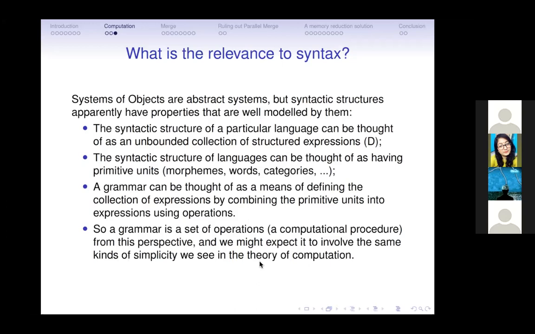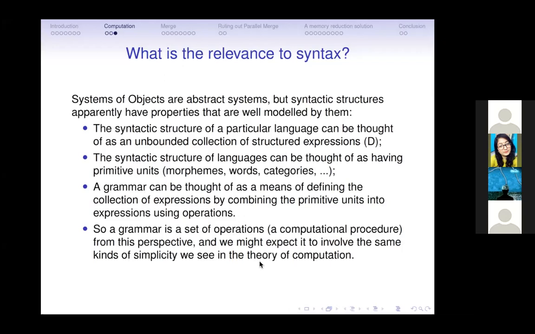And they build from primitives into more and more complex structures, and it doesn't seem that there's any end of them, right? The primitives are basically things that we as linguists know and love: morphemes, words, categories, and so on. And what we do is we combine these in particular rule-based ways into larger and more complex expressions. And this, of course, is what gives me right now the capacity to say all the things I'm saying to you.